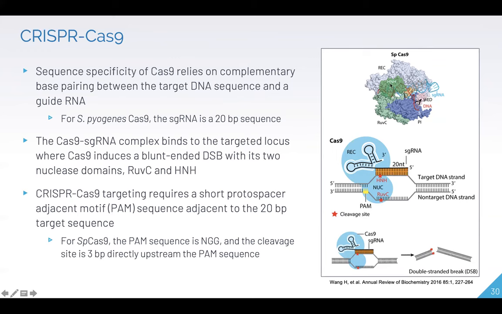What these enzymes do is that they depend on recognizing foreign DNA sequences through annealing with an RNA primer that will come in and anneal specifically with a particular sequence. Most importantly, what we call the PAM sequence, or protospacer adjacent motif.